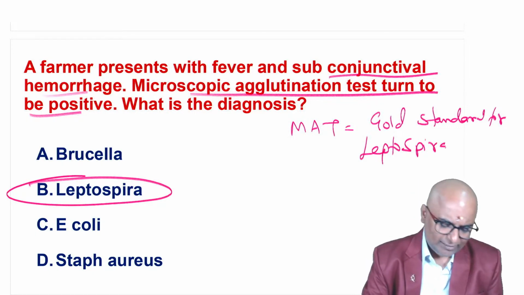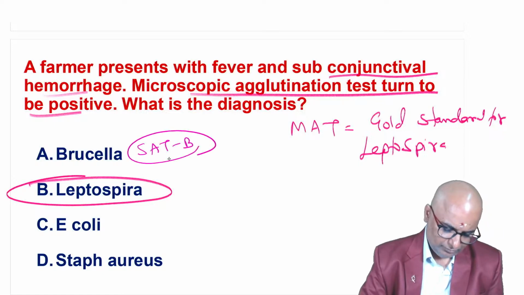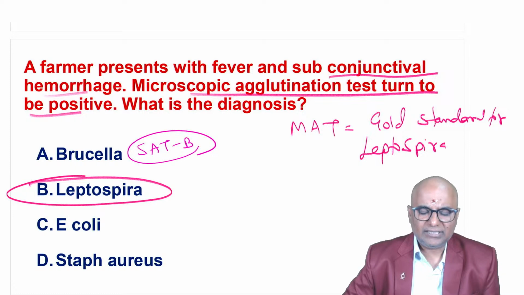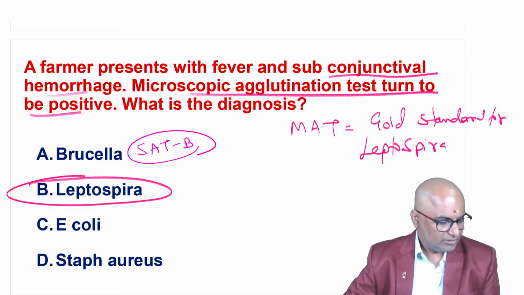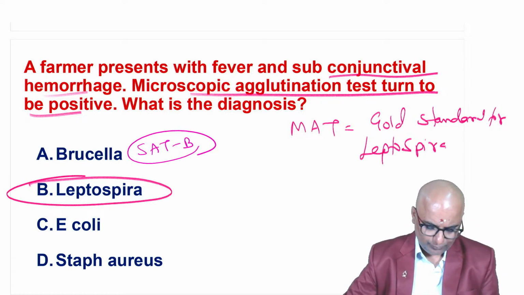Brucella, we call it SAT-B, standard agglutination test for brucellosis. So, human herpes virus 3, yes. Lepto, very good.